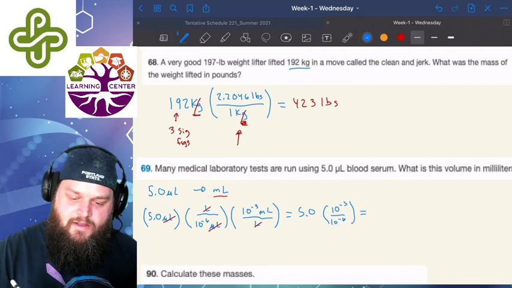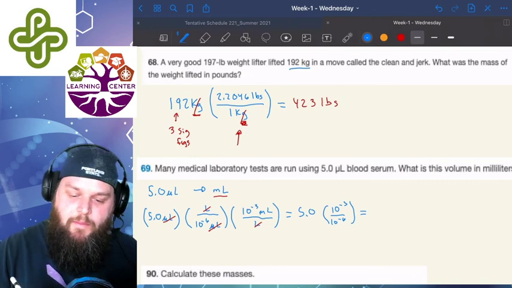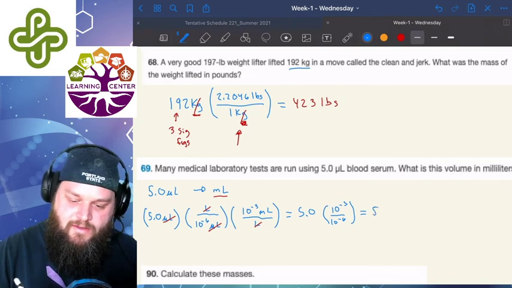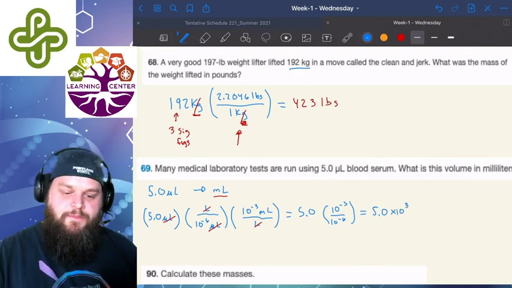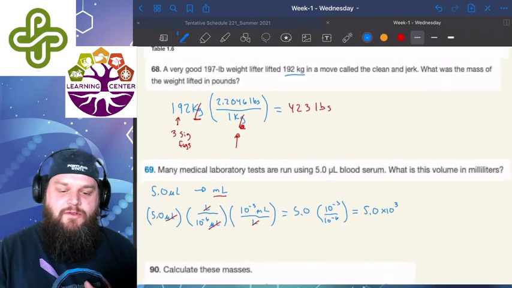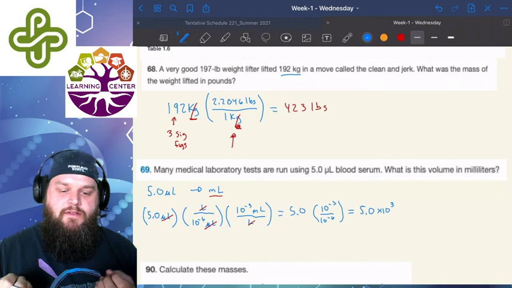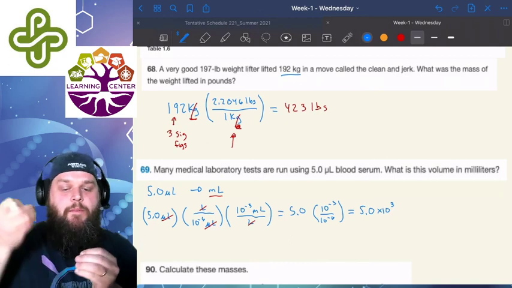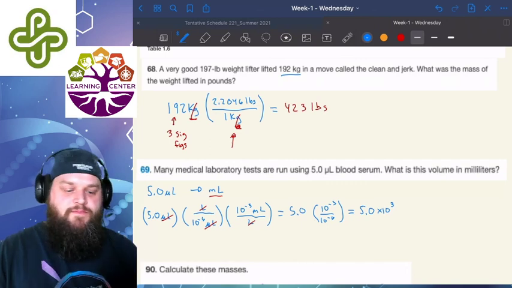Well, that's negative 3 minus a negative 6, which is going to be a positive 3. So our answer is going to be 5.0 times 10 to the third power. And this makes sense because we're converting microliters into milliliters. We have a small unit into a bigger unit. So we're going to end up with a larger number.